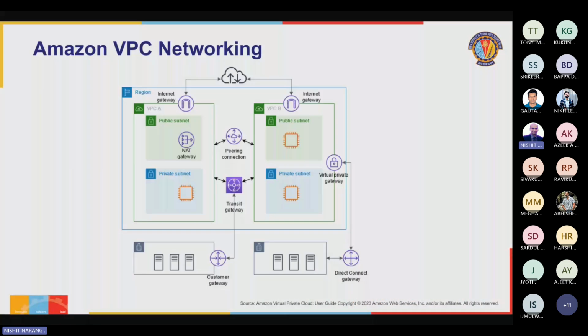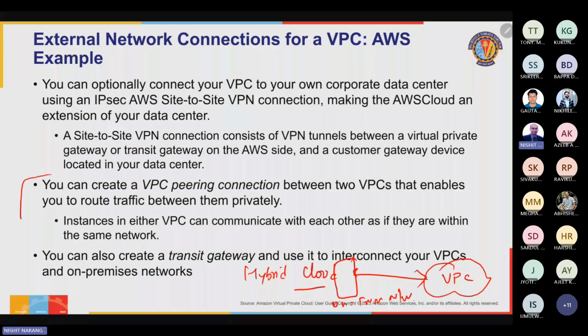It provides what they call a peering connection. A peering connection is an internal connection within your network. Right? So you can create a VPC peering connection between two VPCs within your own private network to enable you to route traffic between them privately.